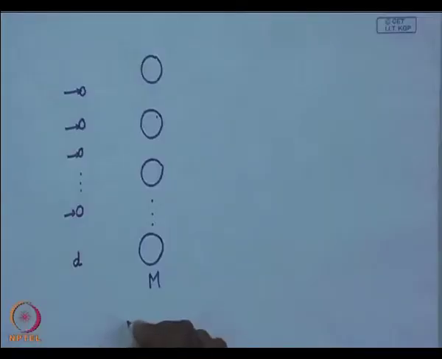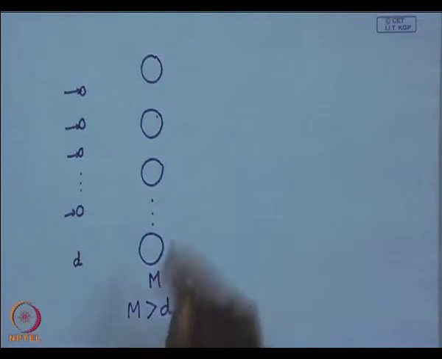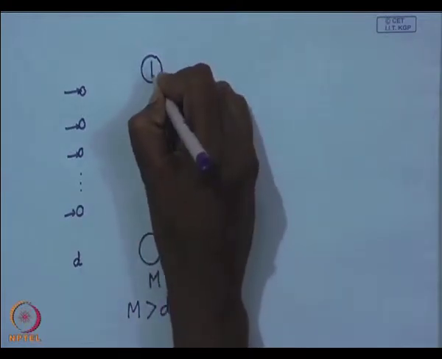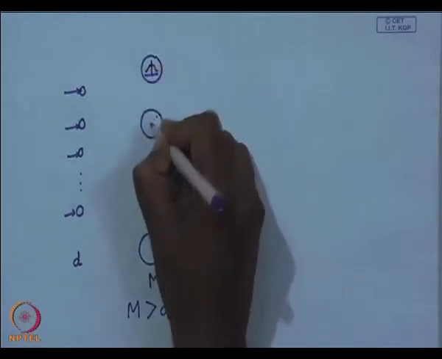So, as I have m number of nodes in the middle layer, obviously this m, the number of nodes in the hidden layer, is greater than the dimensionality of the feature vector, which is d. And as we said, every node in the hidden layer computes a radial basis function.